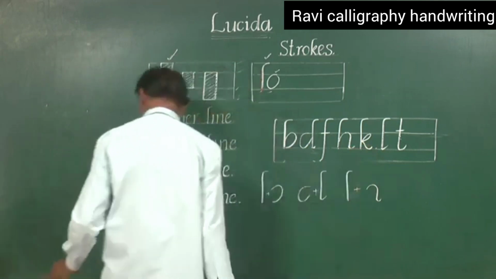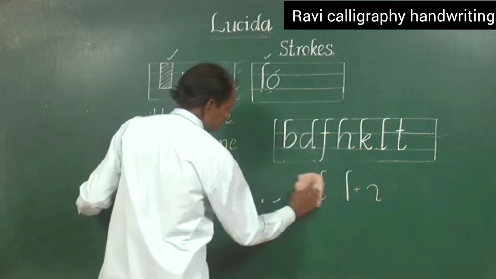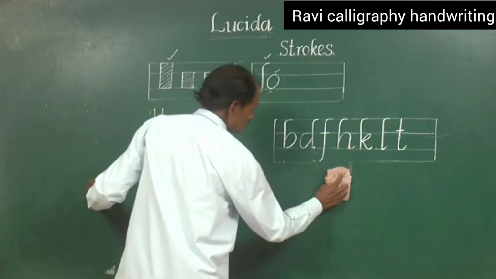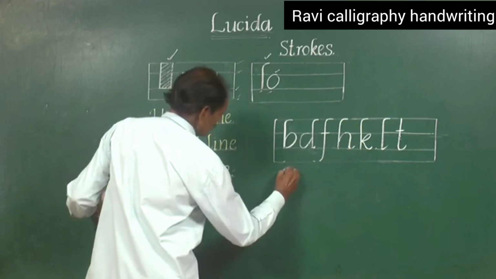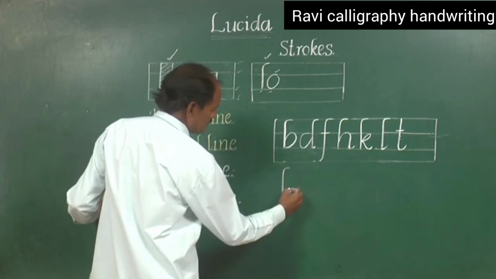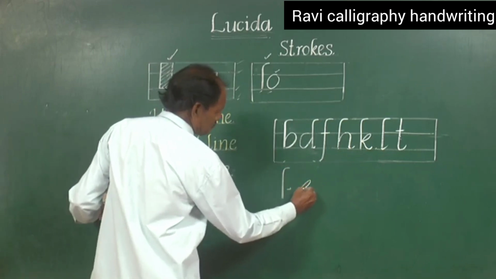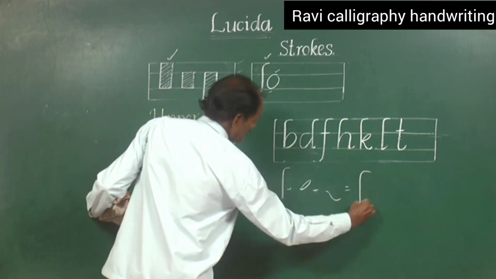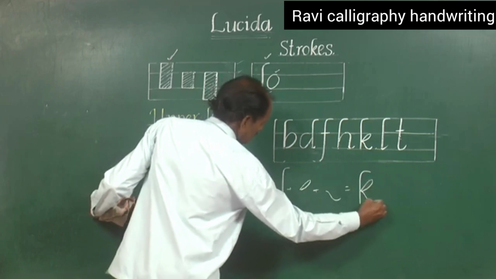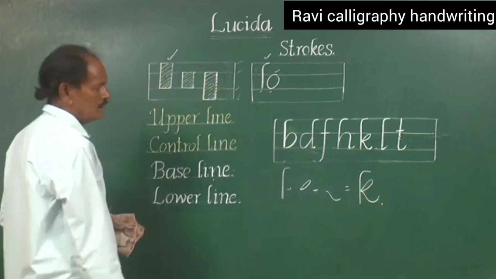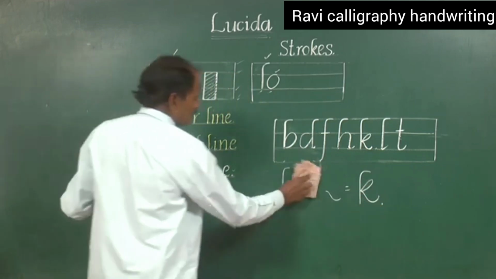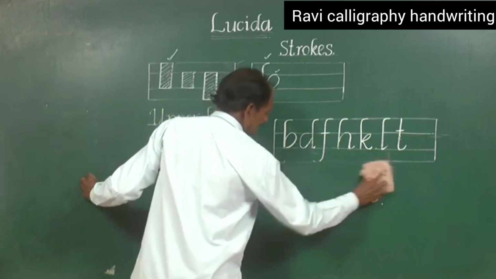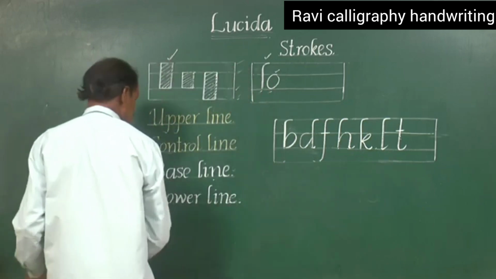And to write K, this is the first stroke plus this is the second stroke plus this is the third stroke. Next, L. L also divided into two strokes.